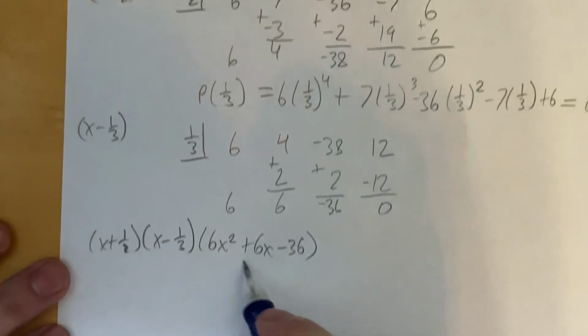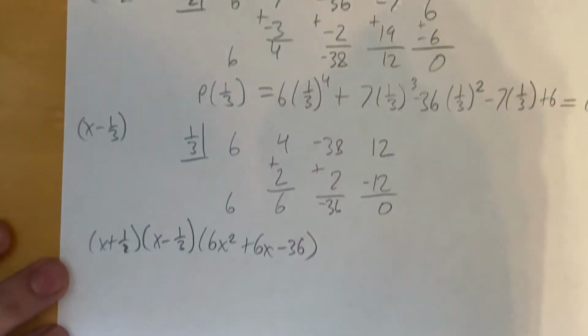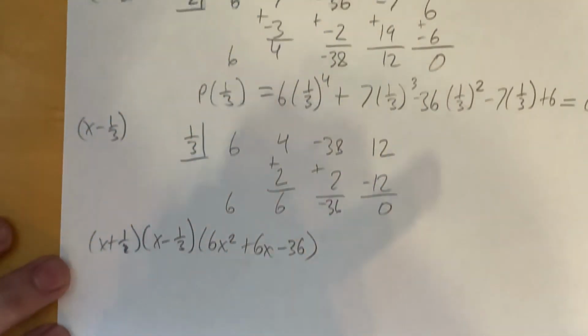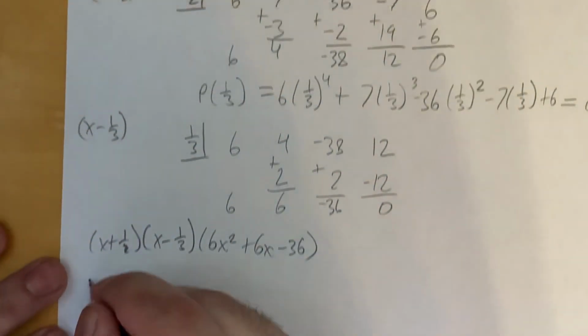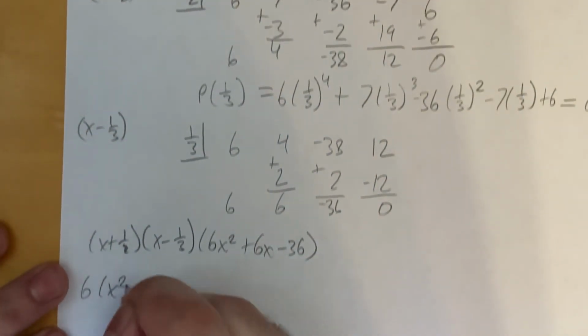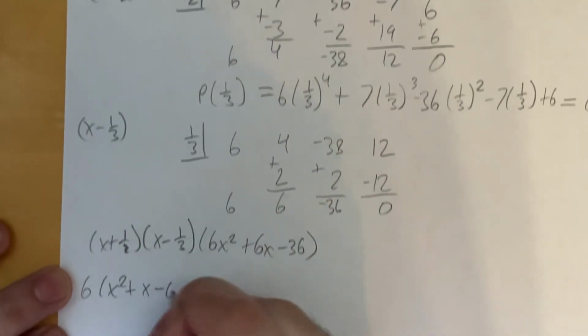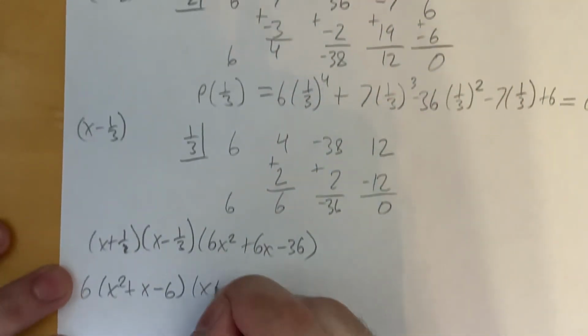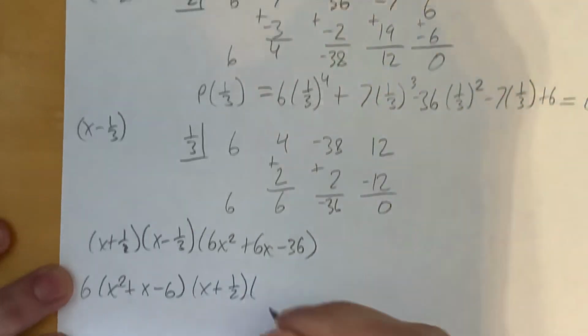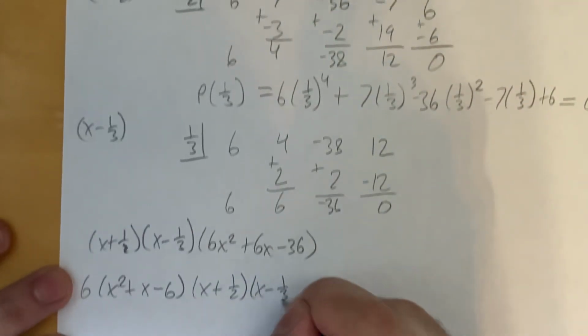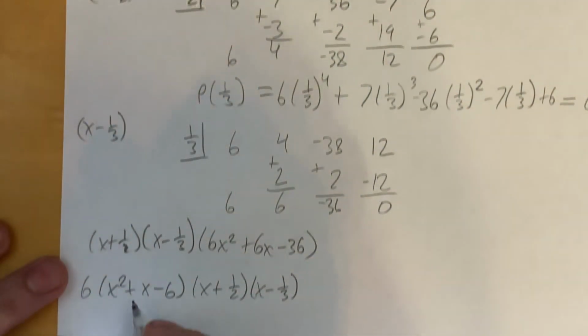So I'm going to move the quadratic factor to the front so I can pull out a 6 and make it easier for me to factor that part even further. So I'm going to get 6 times x squared plus x minus 6 times x plus 1/2 times x minus 1/3. There we go. Can I factor that further?